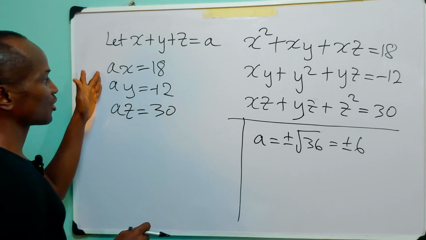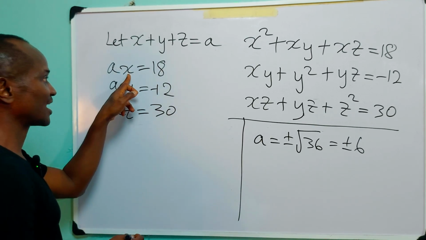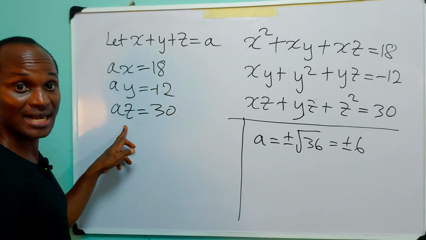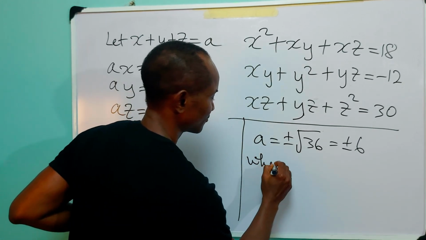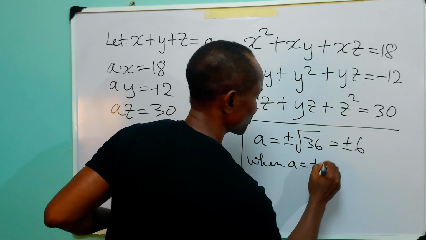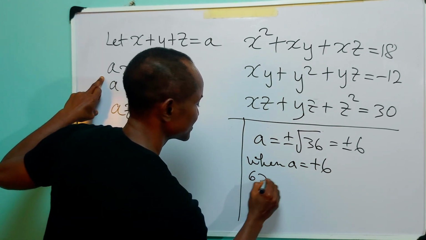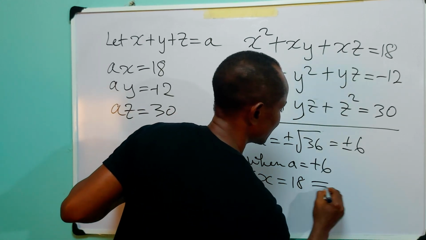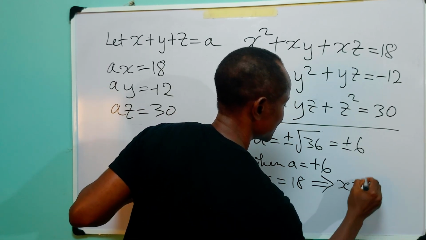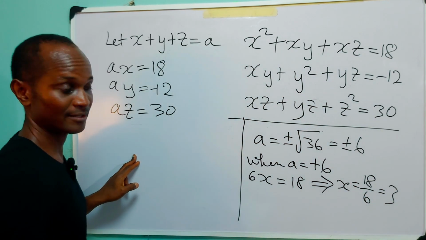So what we do is come back to these equations because we have a times x. So we can find x, we can find y, and we can find z. Very good. So when a is equal to plus 6, we have that 6x is equal to 18, and hence x is equal to 18 over 6, which is equal to 3.